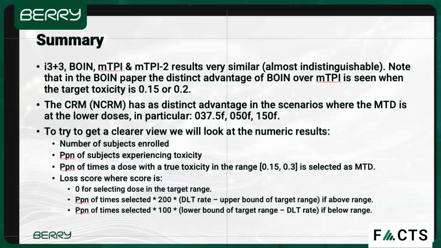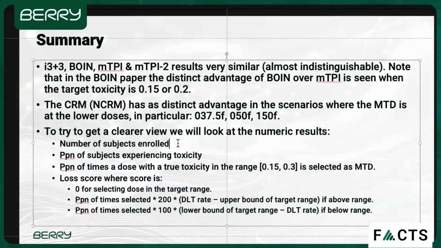But obviously, while they're good for a quick visual scan, those histograms are not very good for a very detailed one. We also want to look at some other properties. So we need to look at, well, how many subjects did the methods enroll? So maybe some took longer and used more cohorts. How many subjects were exposed to toxicity? So what proportion of the subjects tested experienced toxicity?